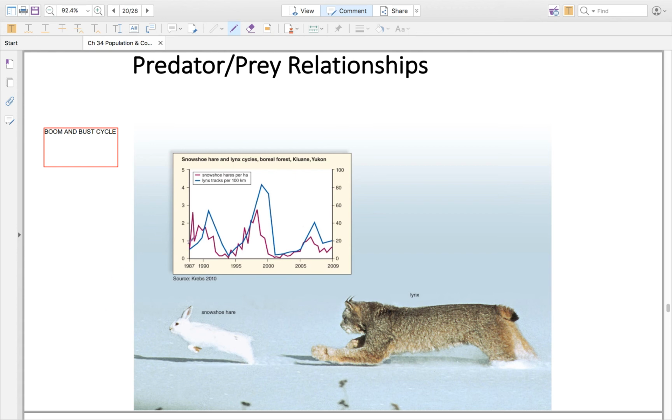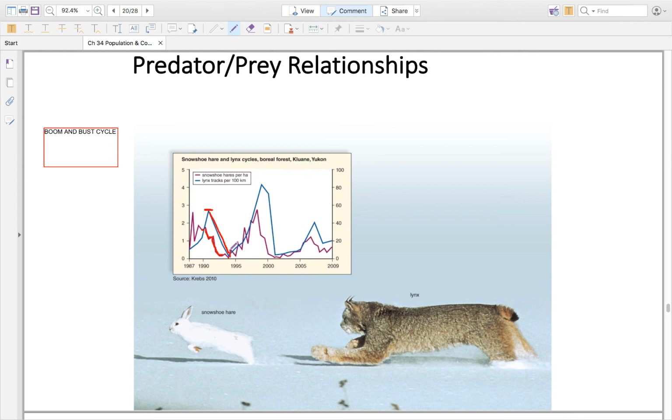So if you look at the graph, the snow hare is in this purple color, the lynx is in blue. Right now at this point, you see the snow hare is relatively high, and the lynx is going to grow. As there are more and more lynx, they're going to eliminate their food source. And if they eat these guys into near extinction, what's going to happen to them? Same thing. Right after they wipe out these rabbits, they're going to go into near extinction as well.